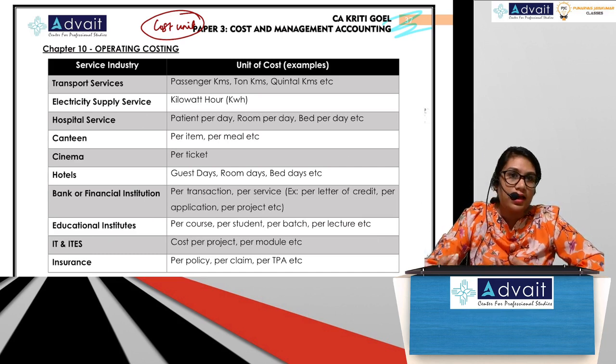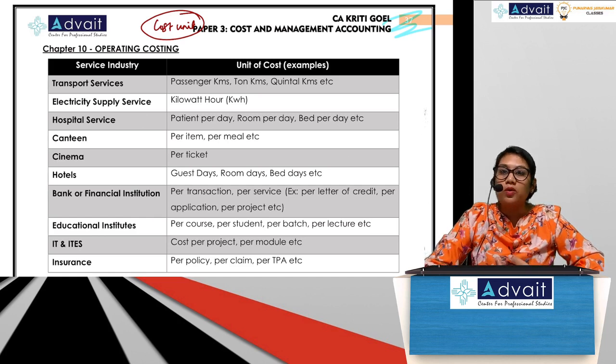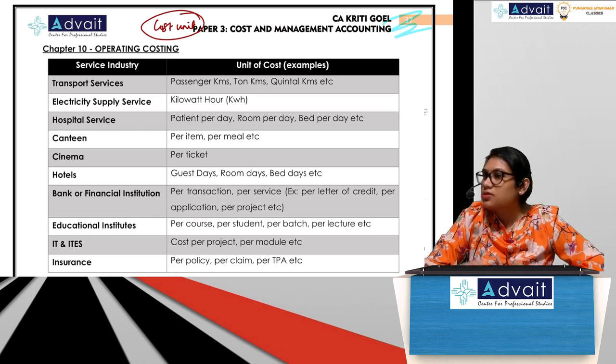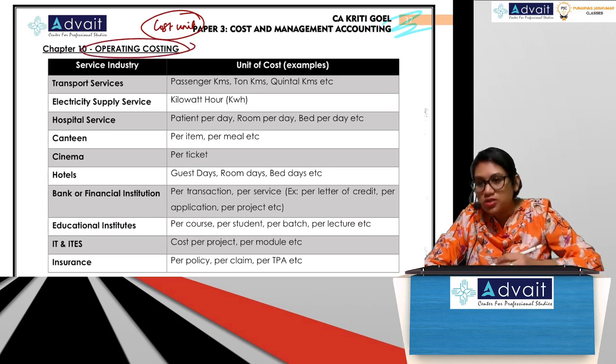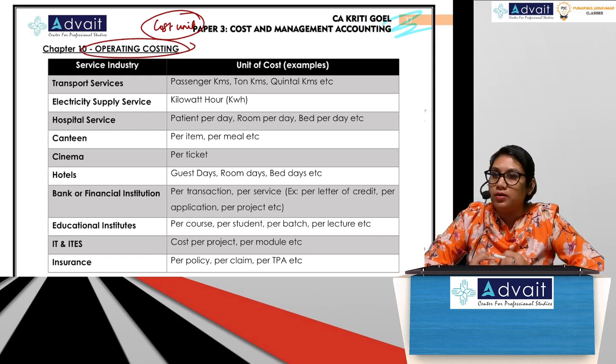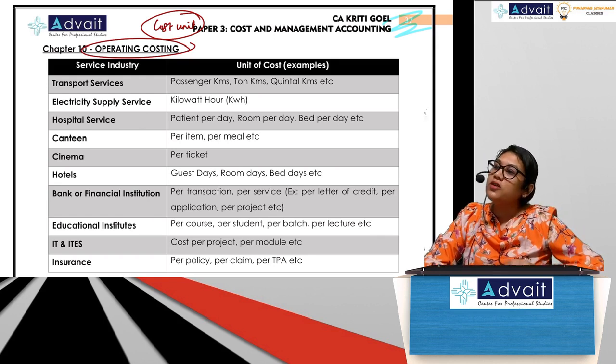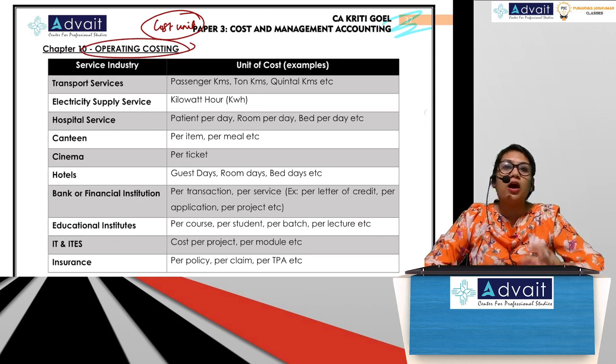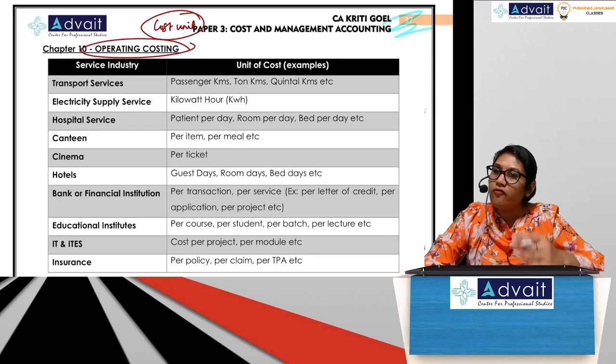You can see them. So it's very easy to figure out how much they would cost. But when it comes to services, which is what operating costing is all about, it is intangible. So this area is still under development. But for whatever services we can figure out the way to cost, we have figured it out.